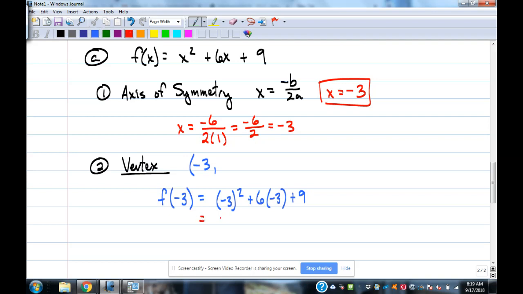So that's going to be 9 minus 18 plus 9. 9 minus 18, negative 9, plus 9 would be 0. So we get the ordered pair that the vertex is negative 3, 0.